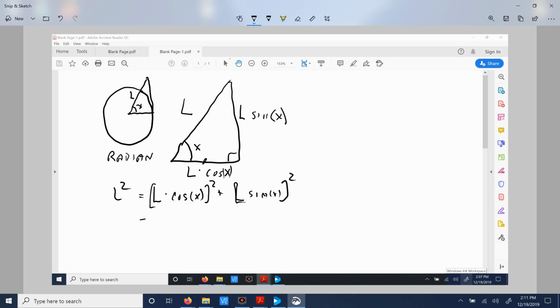You use a little algebra and factor out L squared, and you're left with cosine of X squared plus sine of X squared. Now you can divide both sides by L squared, and you end up with cosine squared plus sine squared equals 1. That is a trigonometric identity. That's what we call it, because it is true for any angle X.